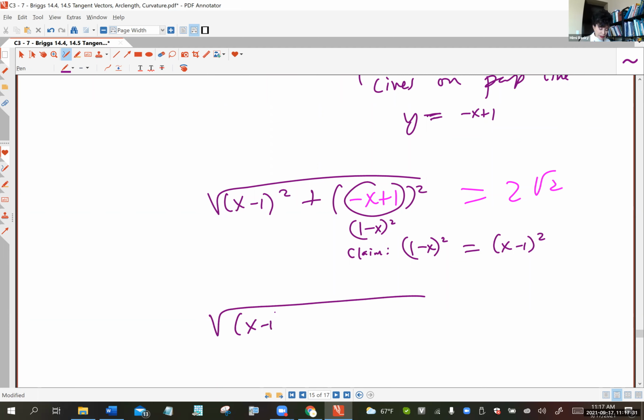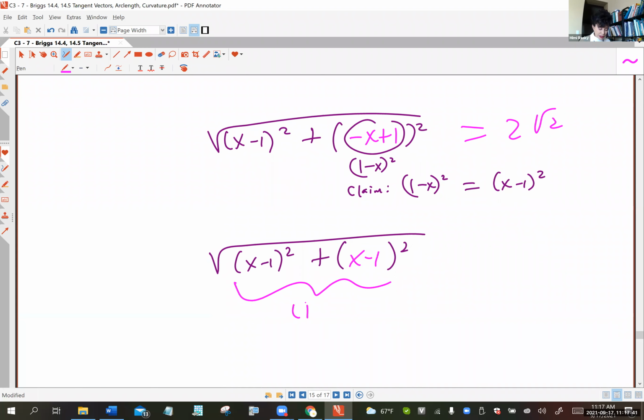So what do I mean? Well, if I replace that (-x plus 1) squared with something it's equivalent to, so now what? These are like terms. 1 apple plus 1 apple is 2 apples. This is still equal to 2√2. So what do I mean when I add them together?